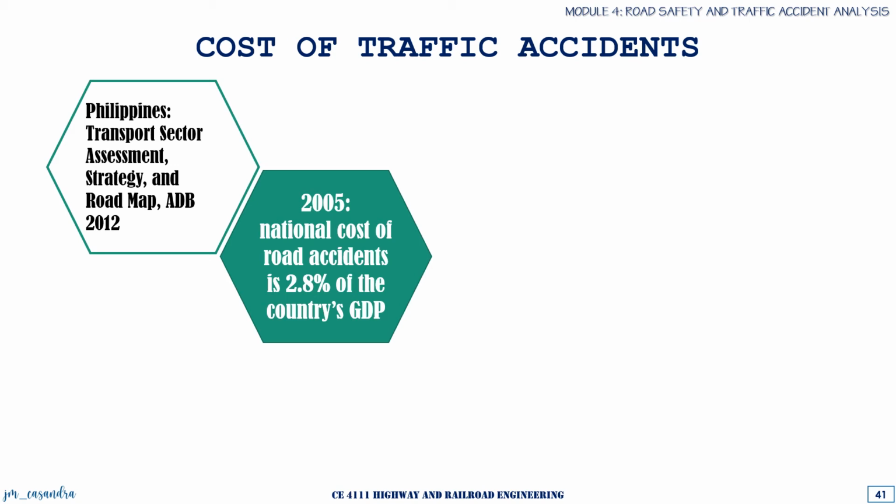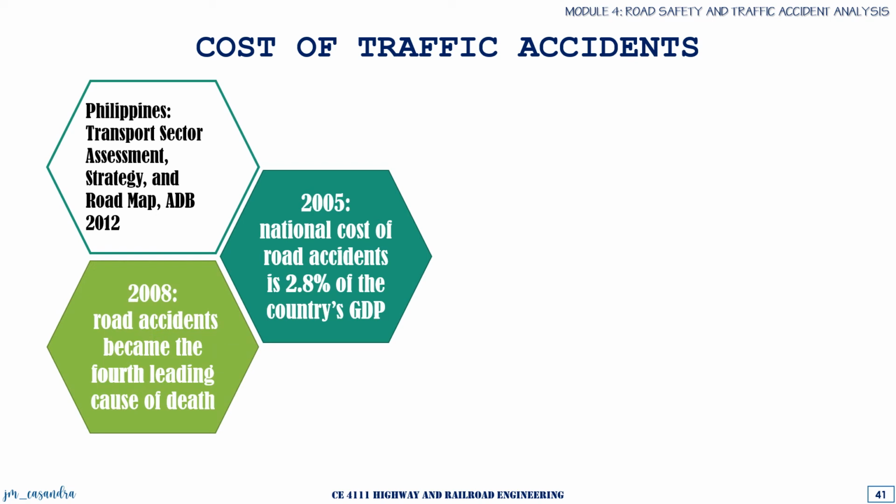If you recall, from the report of WHO in 2018, it has already increased to 3%. So in 2008, road accidents became the fourth leading cause of death. And with this, it has contributed to the cost to the country in terms of accidents.